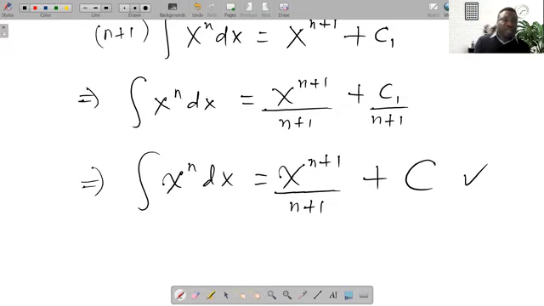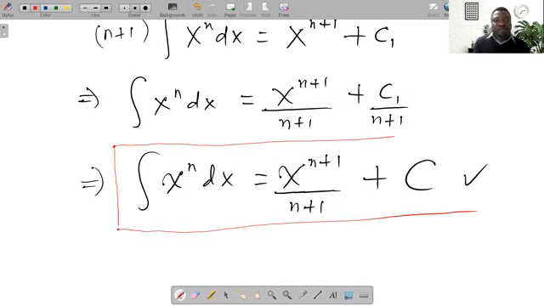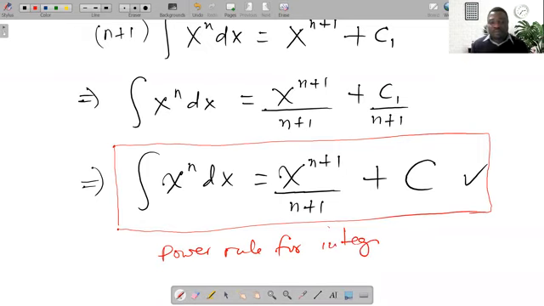So please take note of that. Maybe you've already seen this, but that is the power rule for integral.